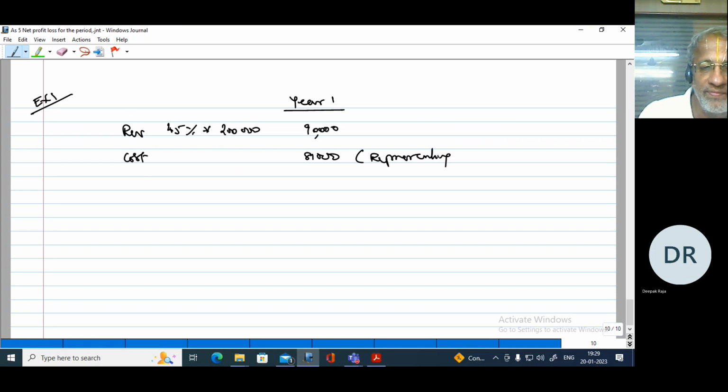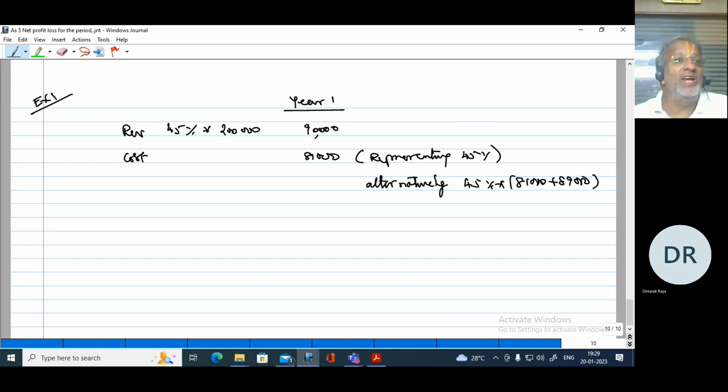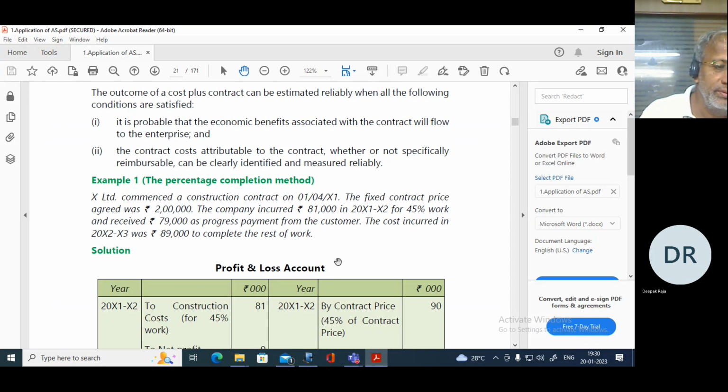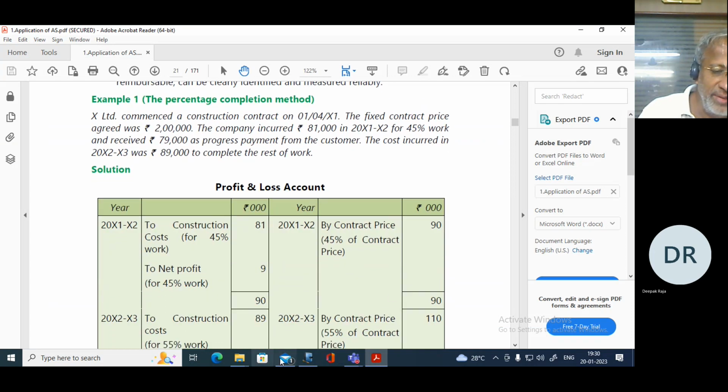Supposing that information was not given, then what we would have done is apply 45% into 81,000 plus 89,000. That is the way we would have done. But fortunately, we will not do it in this particular case because this 81,000 is representing 45%. They themselves have given. So donkey, they have called it out as horse. Okay, we will accept. Profit is 9,000. Okay, that's all.